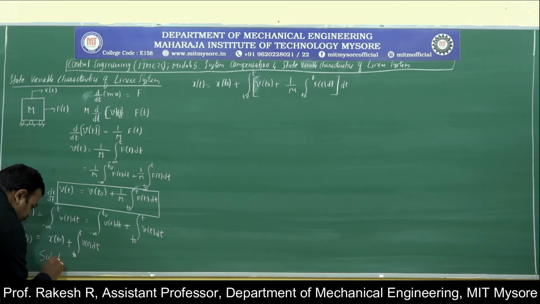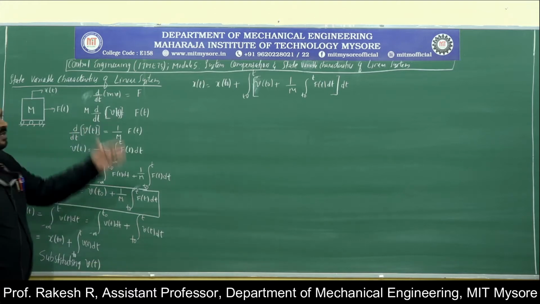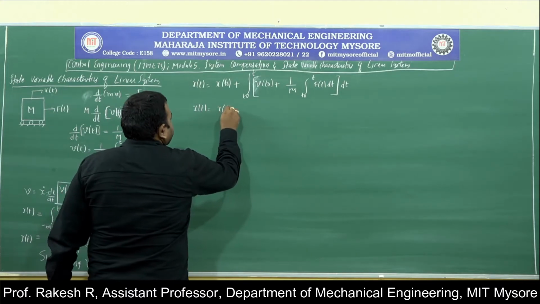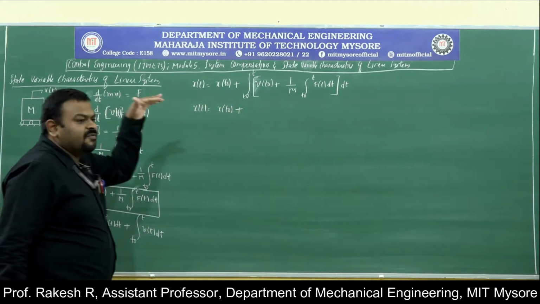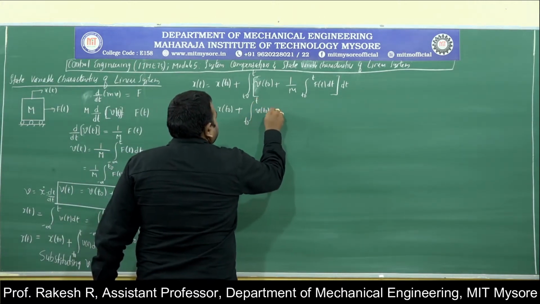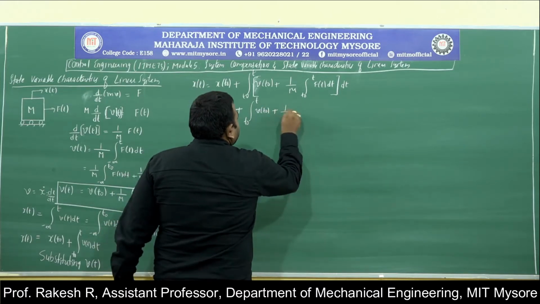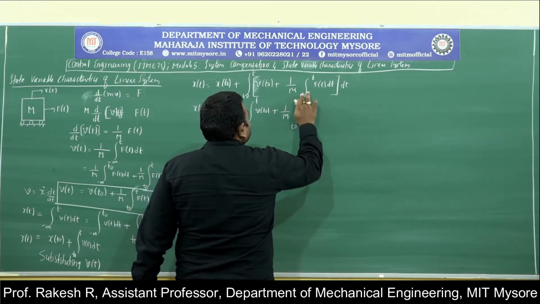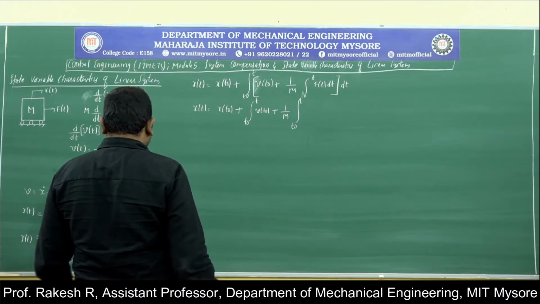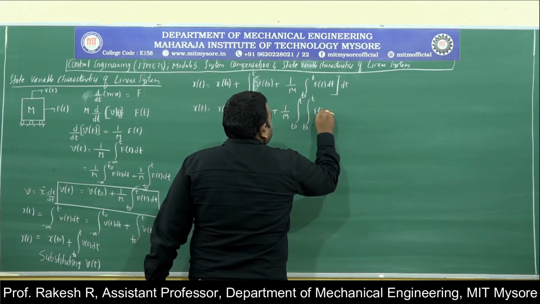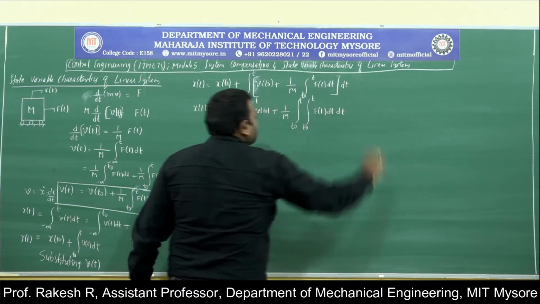After getting this value, again I will split the integral. x of t will be equal to x of t naught plus integral of t naught to t, v of t naught plus 1 by m integral of t naught to t, and this is a double integration f of t dt into dt.